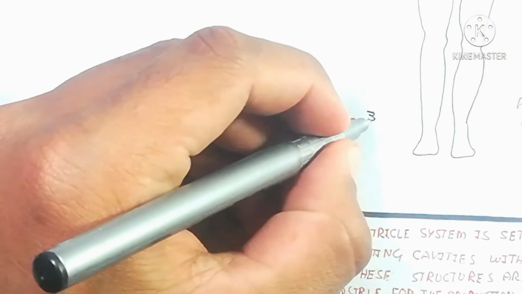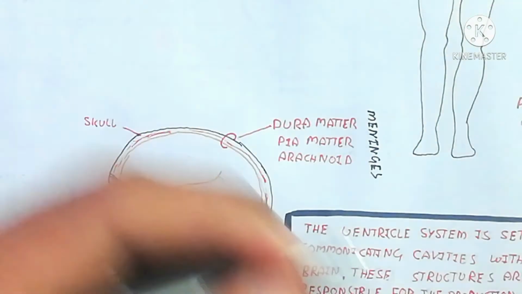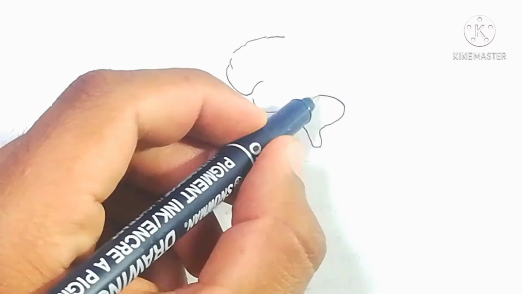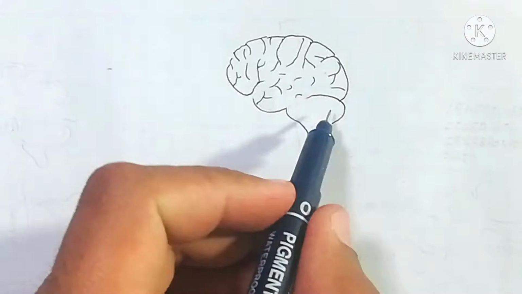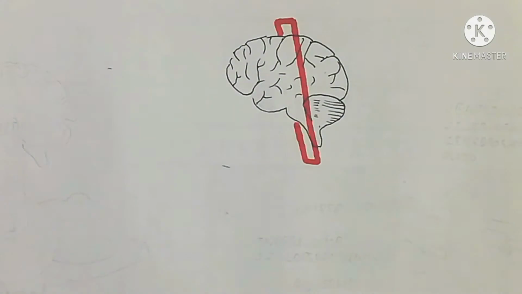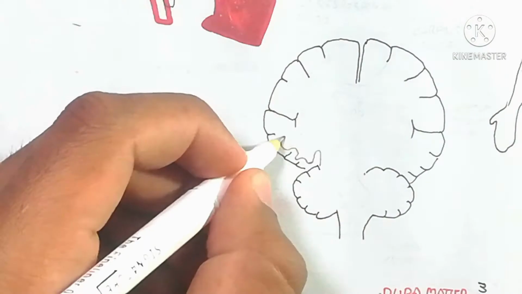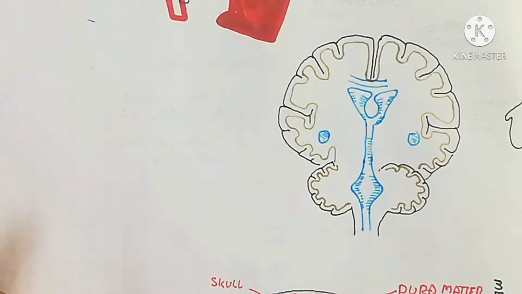The brain is a very delicate tissue, so the protection is very high. It is also protected by hair. So the head is covered with hair.